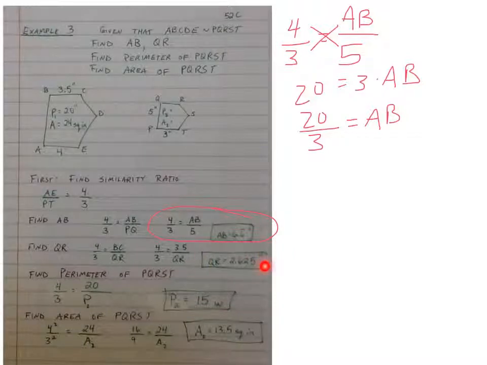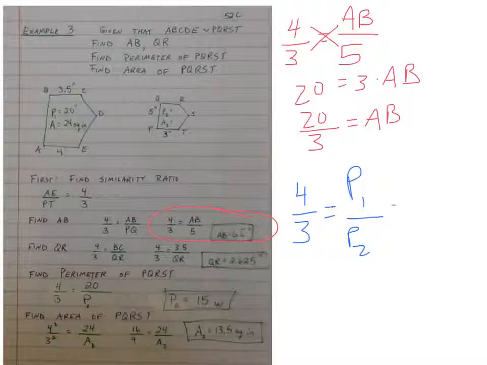And now we're left with finding the perimeter. So we're told on the previous page that the perimeter will have the similarity ratio of A to B as well. So since our ratio is 4 to 3, our perimeter ratio should be 4 to 3. So P1 to P2 should also be 4 to 3, which is our perimeter of our first one is 20, and our perimeter of our second one is what's unknown.